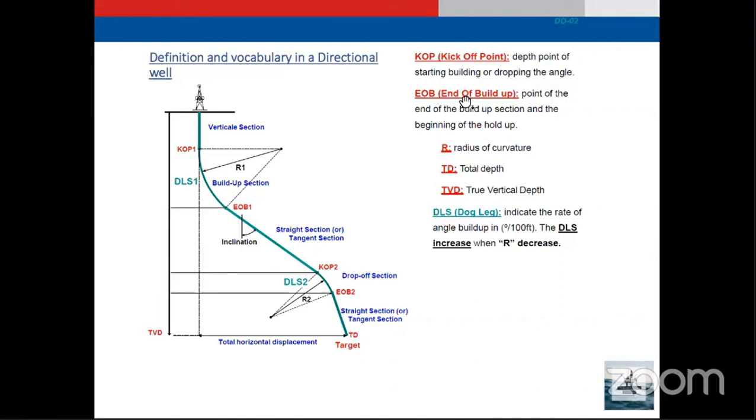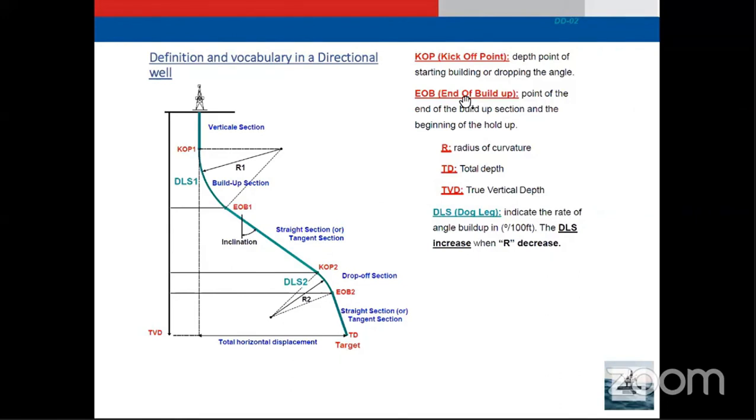If we use whipstock, it will have a specific angle only for kicking off the well, or for the start of deviating the well. After that, I will use ordinary tools, or use mud motor or rotary steerable system, according to the deflection tool that is available.